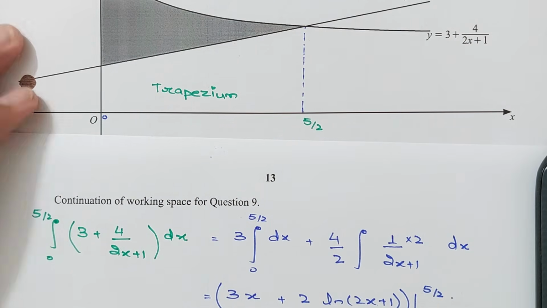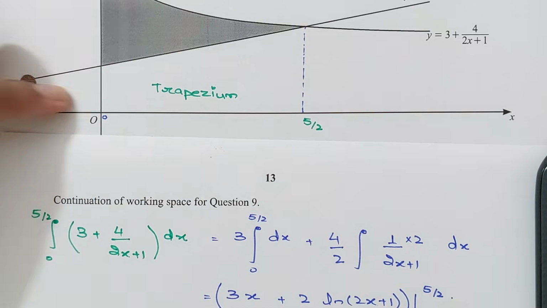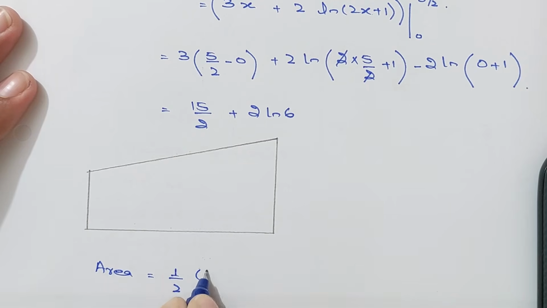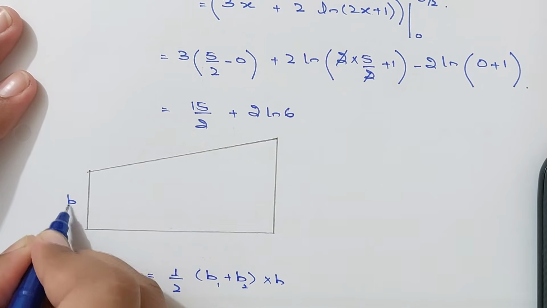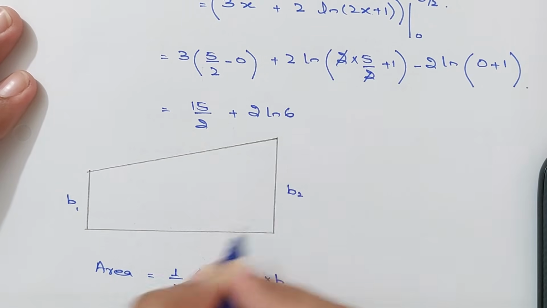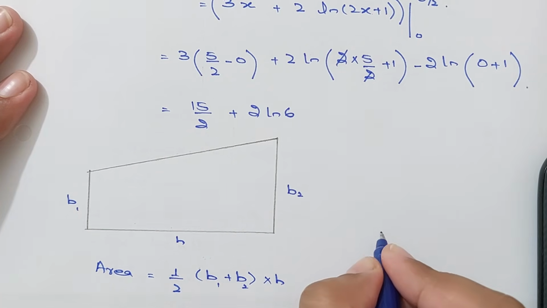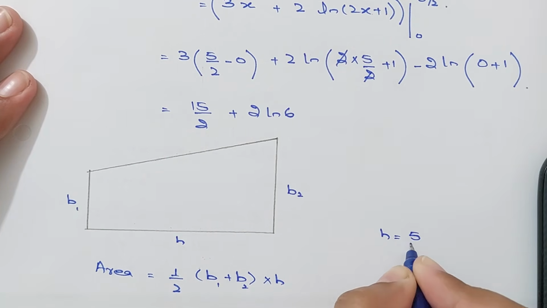The area is half the sum of parallel sides multiplied by height, right? So the area of a trapezium is half (b1 plus b2) multiplied by height, right? This is b1 and this is b2 and this is the height. The height is between 0 and 5/2, so here height equals 5/2, right?